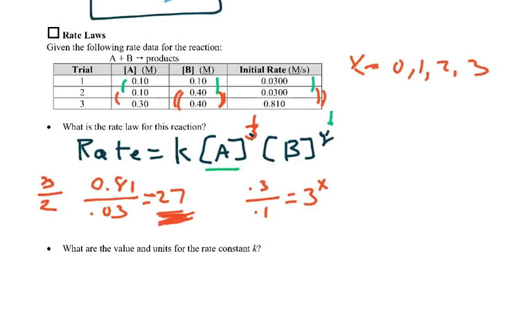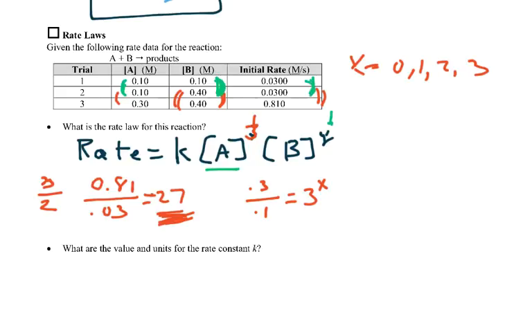Now we'll go back to the other one, and this one is actually a little bit easier. If we look at the data, let's say that A stays constant, B goes up by a power of 4 times, but the rate doesn't change.